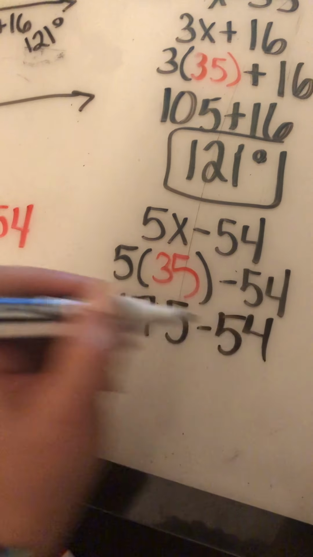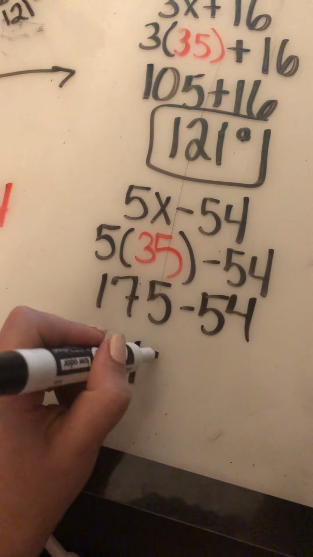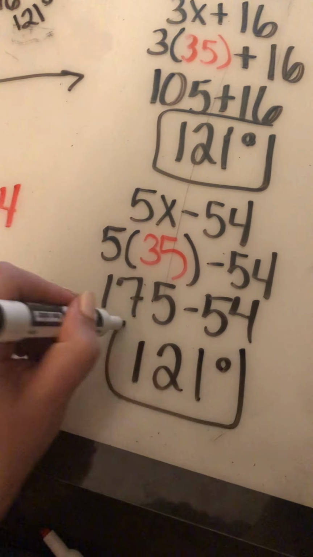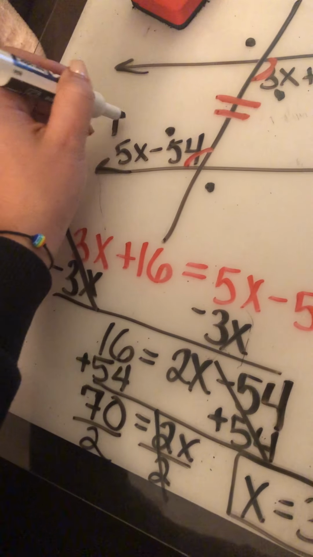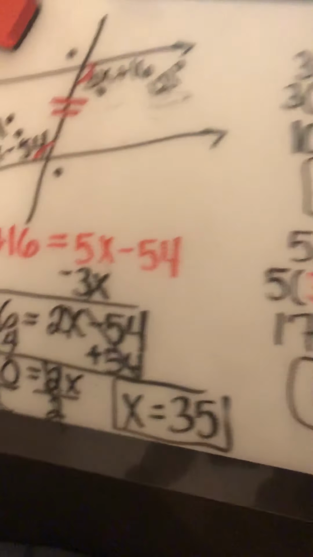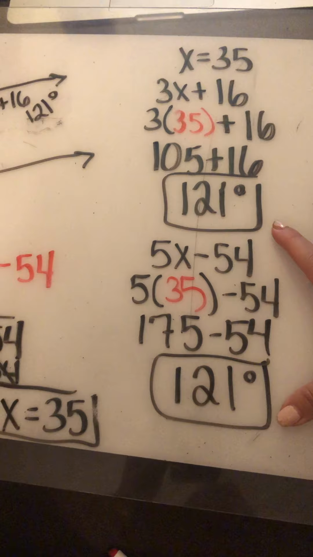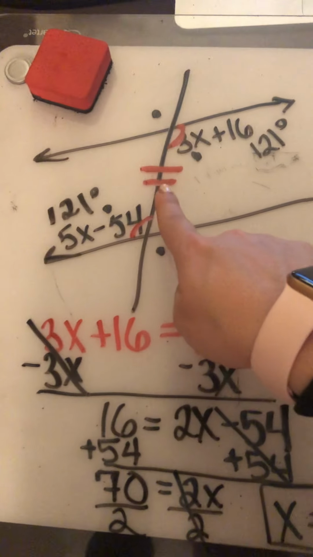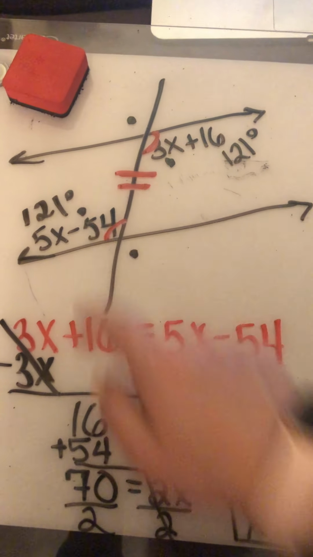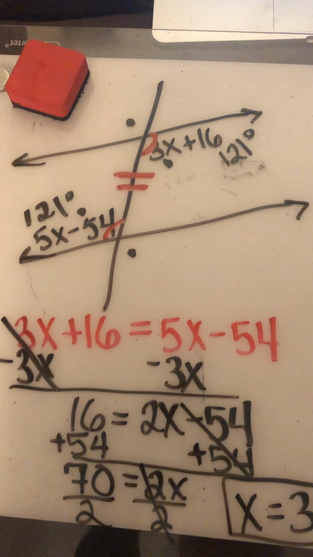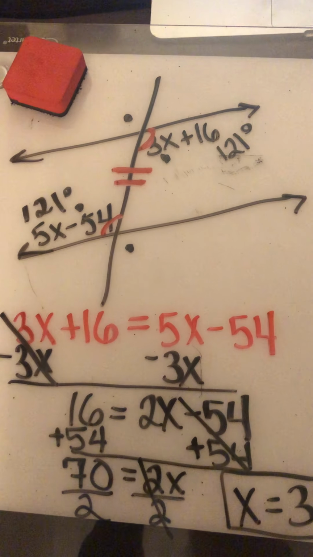Take away 54, and that answer is going to give us 121. So I now know that this angle here is 121. Last thing you want to do, make sure that this makes sense, that you got the same measure. Does it make sense? Yes, it does, because we already decided earlier that these were equal in measure or congruent because they were alternate interior angles.